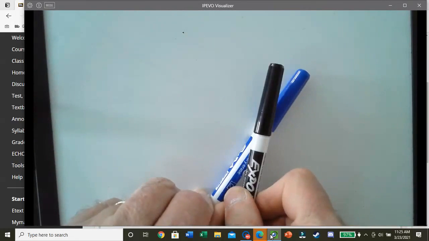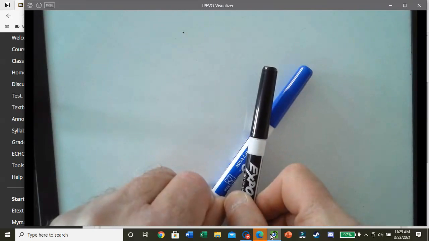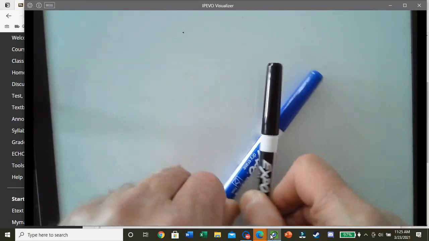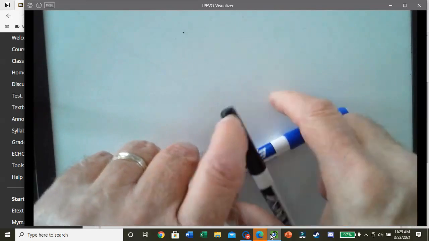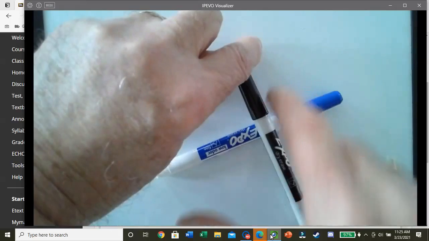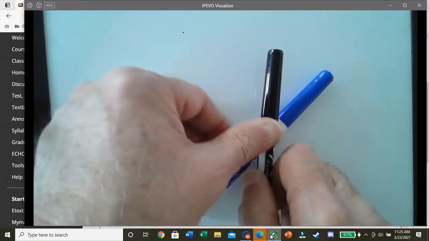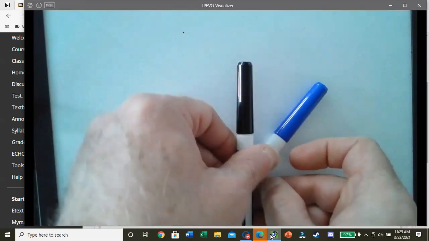If you close them on one end, the other end closes too. If you open it up on one end, the other end opens. So you can say that these two angles, the opposite angles, are congruent, right?